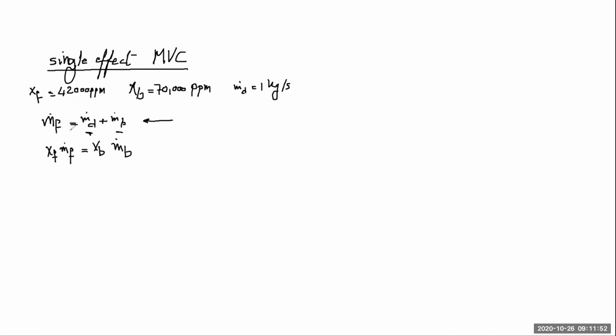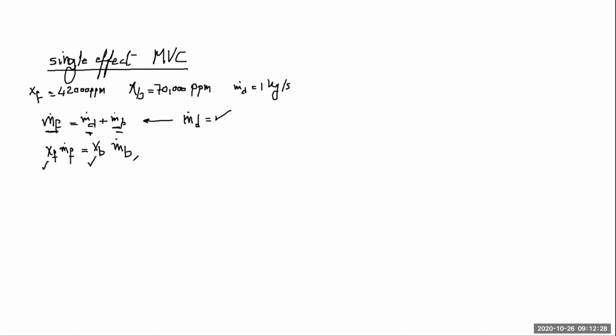These are two equations and three unknowns. We know one of them, which is m dot distillate. So they become two equations and two unknowns, m dot feed and m dot brine. We know the salinity of the feed and the salinity of the brine. So maybe we can eliminate m dot brine by saying that m dot brine is m dot feed times X feed over X brine, and we substitute it here, so the equation becomes a function of m dot feed alone.